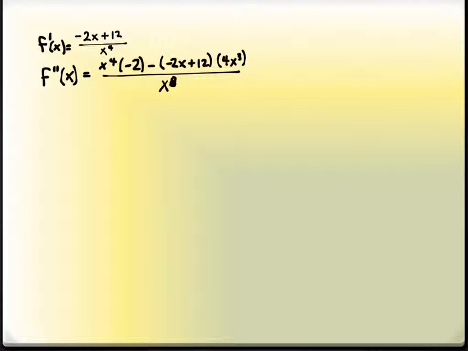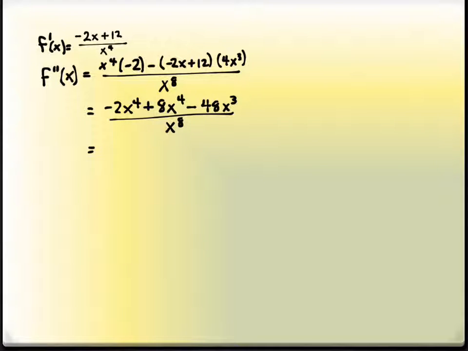That's an 8. Doesn't look very good. That's better. All right, so I have negative 2x to the 4th. This would be plus 8x to the 4th. And then minus 48x cubed, all over x to the 8th.